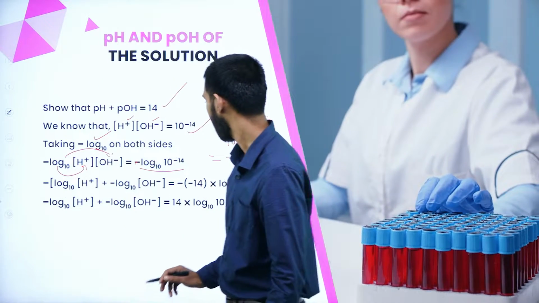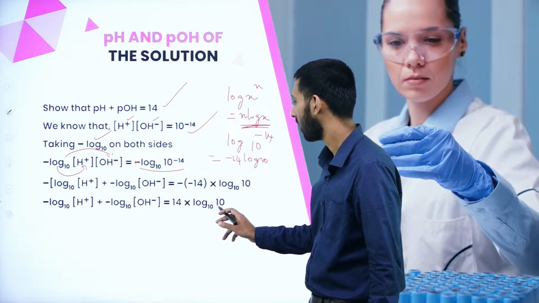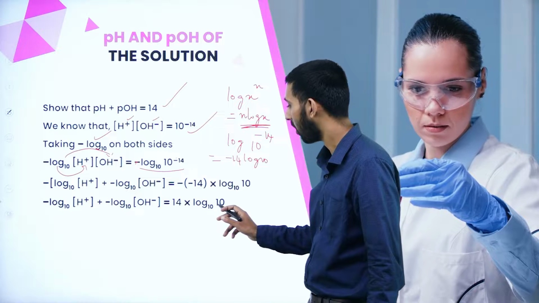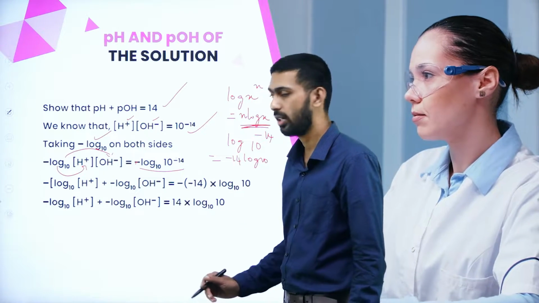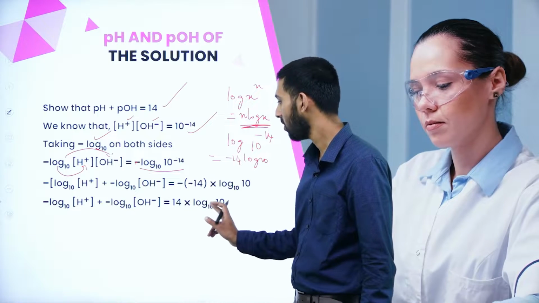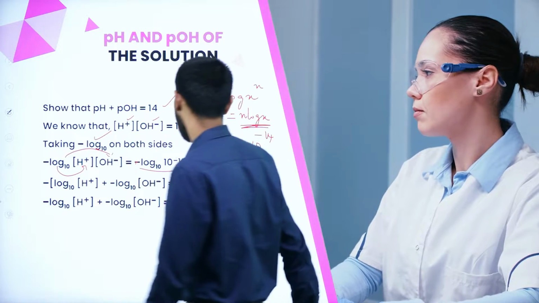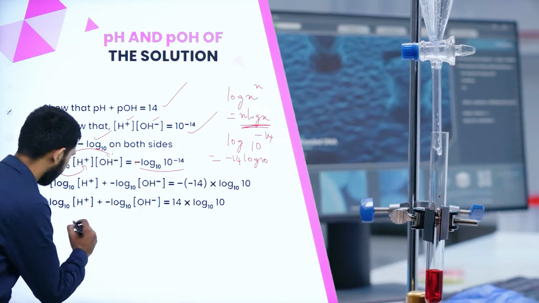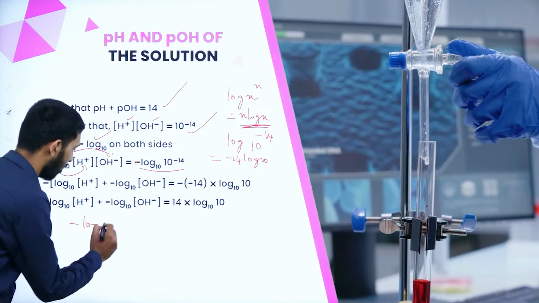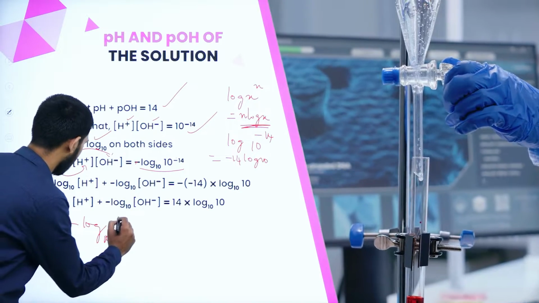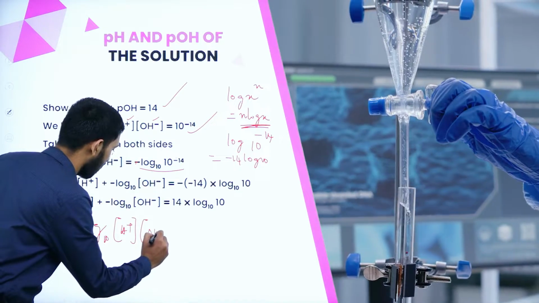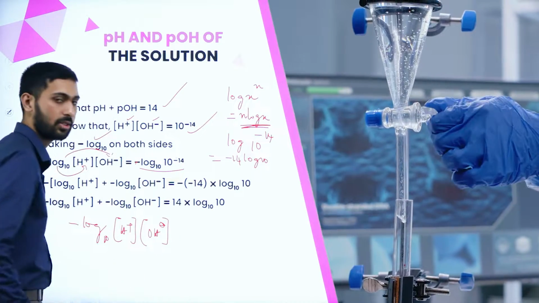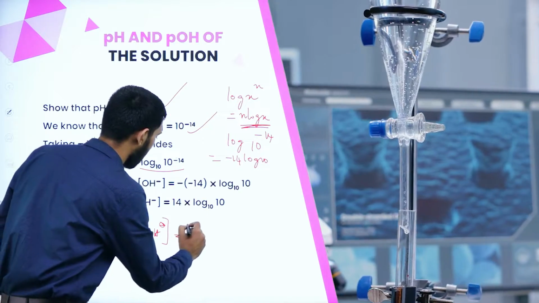Then what we have to do? 14 into log 10 we will get. Minus into minus will be plus. So 14 into log 10. Next, minus log of H plus plus minus log of OH minus is equal to 14 log 10.